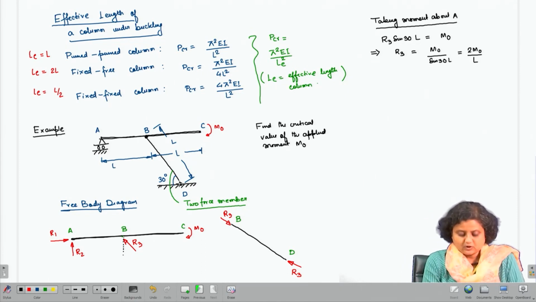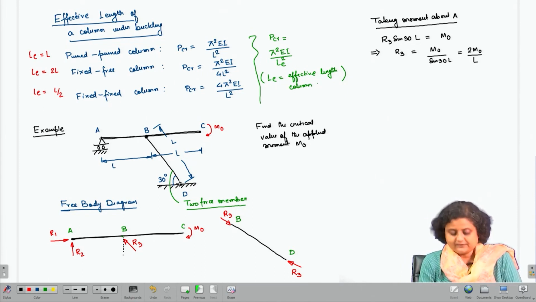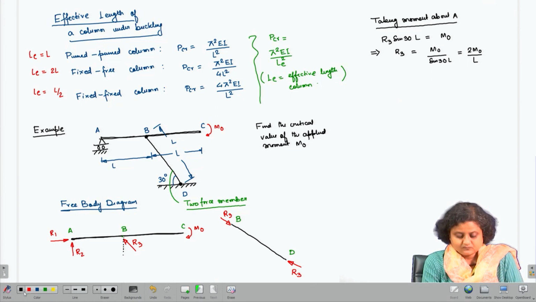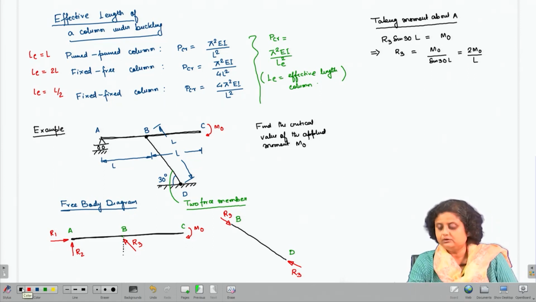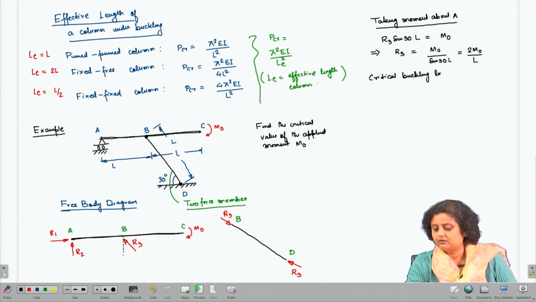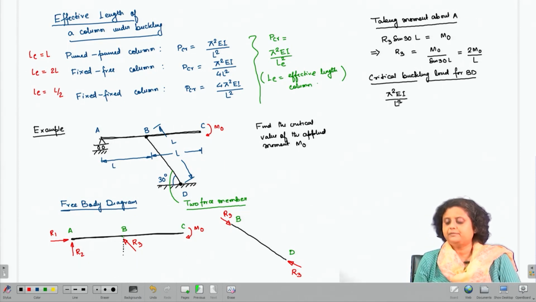So, if this is a pin joint, then we can say that the critical buckling load for BD can be written as pi square EI by L square, because it is a pin-pin joint.